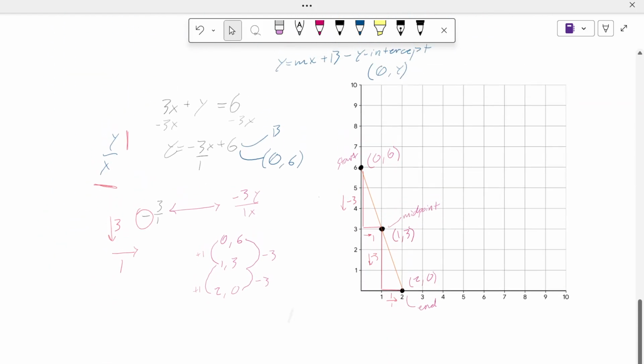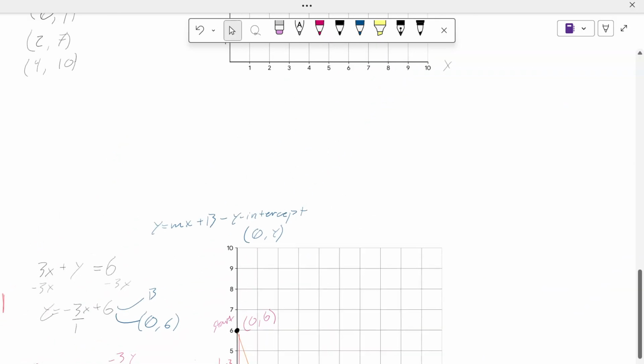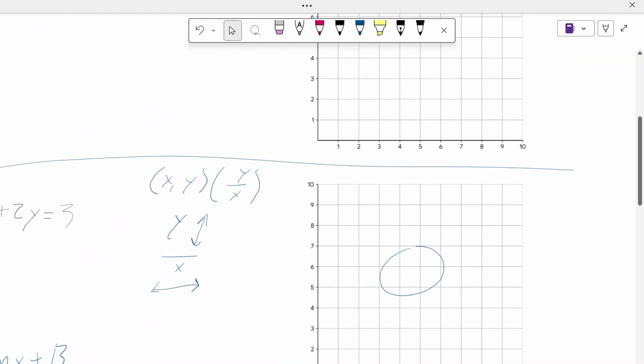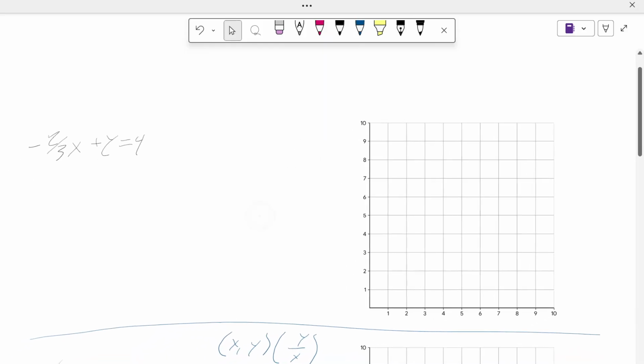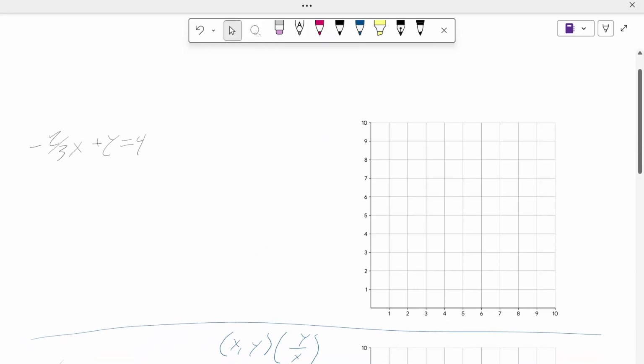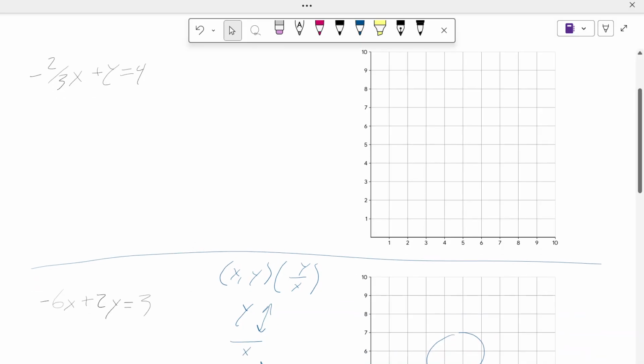So now what I would like you to do is up here, I have created two graphs for you, and I have two equations. I would like you to solve both of them. They both need to be solved. And then I would like you to graph it out over here.